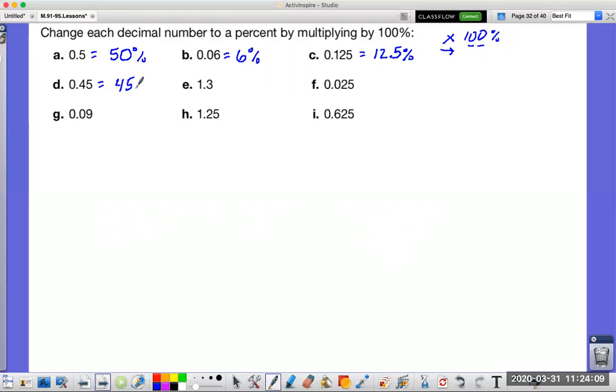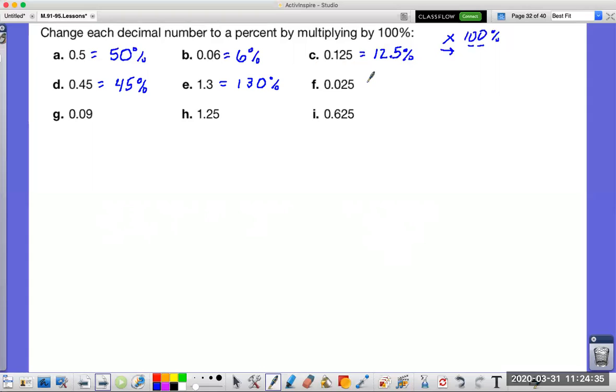I'm just going to put my label on there, 45%. What about this one? 1 3/10 as a percent. Again, I'm going to write the digits. This is the original position of the decimal. Move it over once, move it over twice. I need a 0 as a placeholder, and I throw my percent symbol on there.